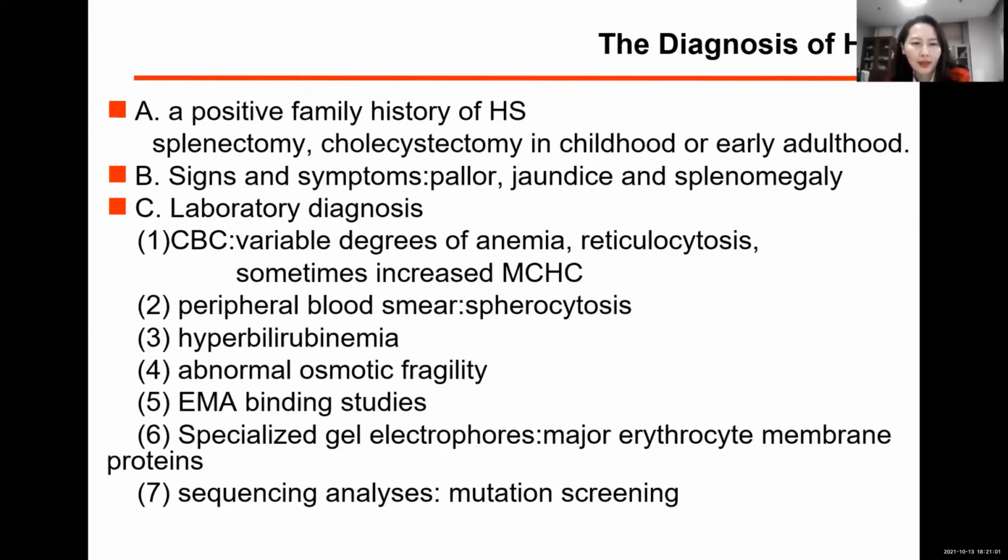EMA binding studies, specialized gel electrophoresis, and sequencing analysis. These tests are not common, maybe not available in small laboratories.